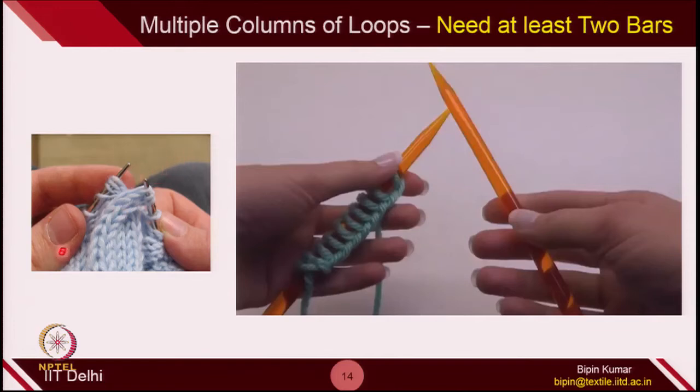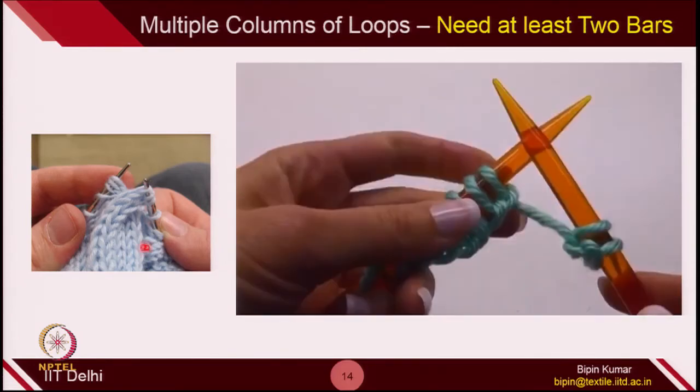The first bar holds the loop and the second bar creates the new loop, and we keep transferring the old loop from one bar to the other bar. Let us see this video, through which we can create a series of loops and multiple columns.